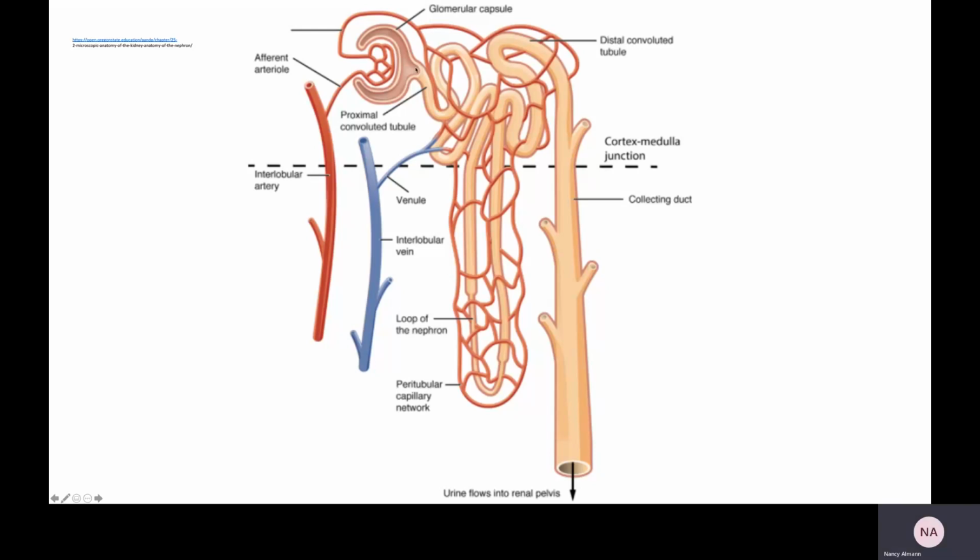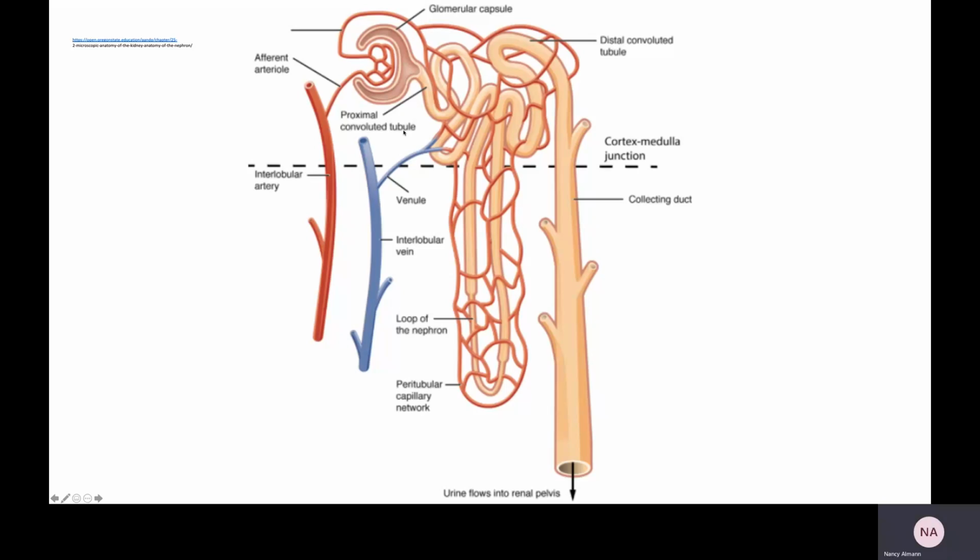The glomerular capsule is going to lead into the renal tubule, which you can see here and here and here. The proximal part of the tubule, in other words, the part that is closest to the glomerulus, is known as the proximal convoluted tubule.